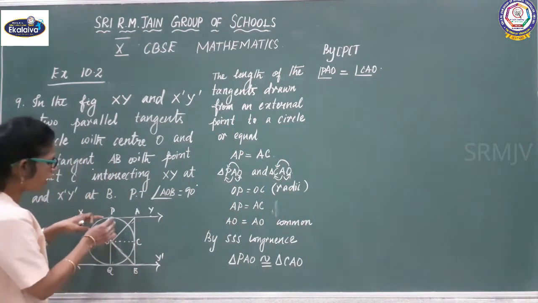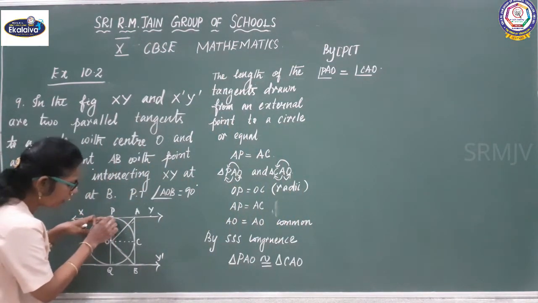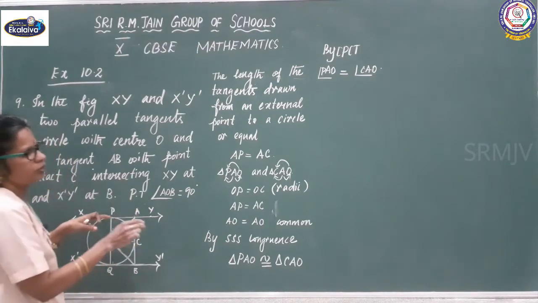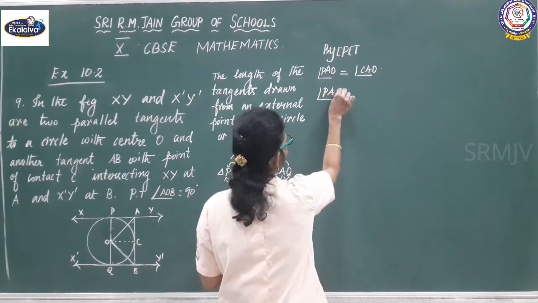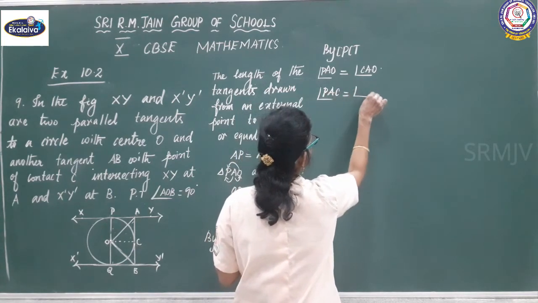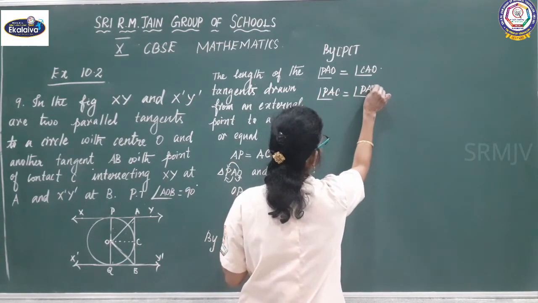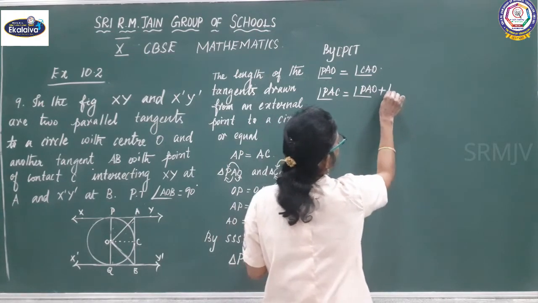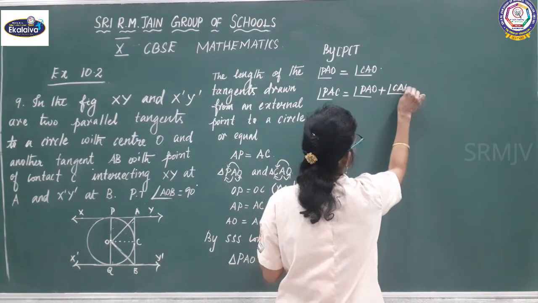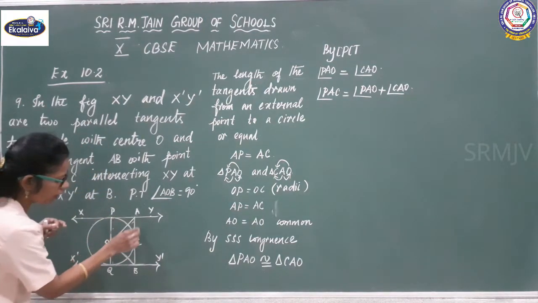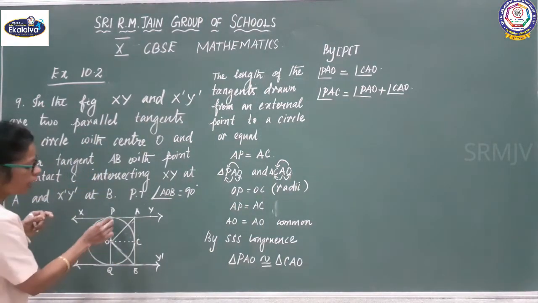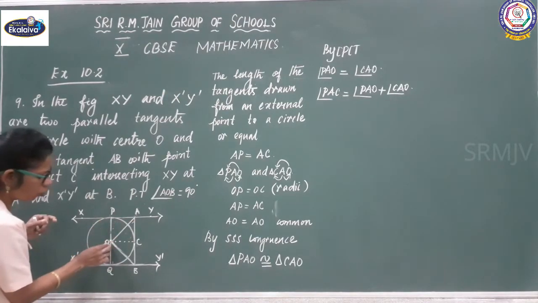So you said angle PAO equal to angle CAO. Now you come to the diagram, angle PAC. How can you write? Angle PAC equal to angle PAO plus angle CAO. Am I right, children? See here, angle PAC can be written as angle PAO plus angle CAO.